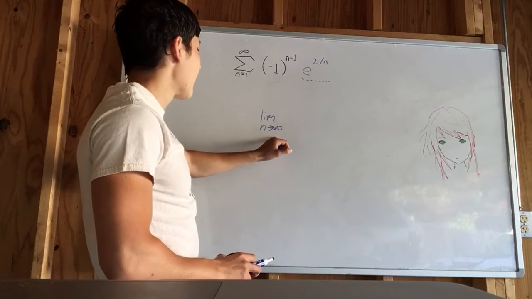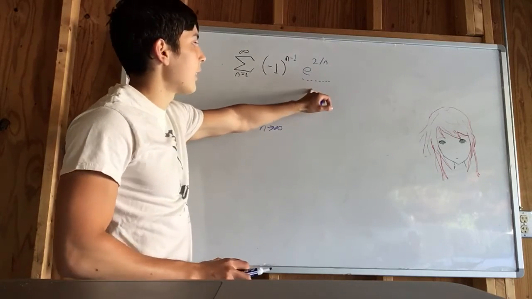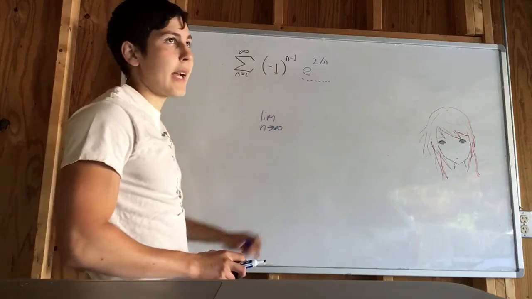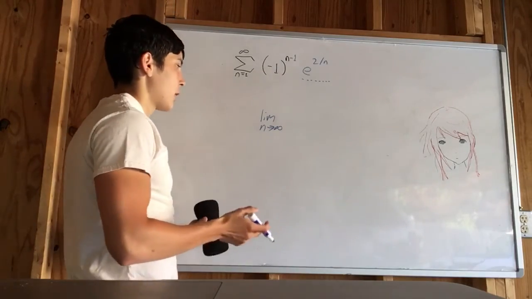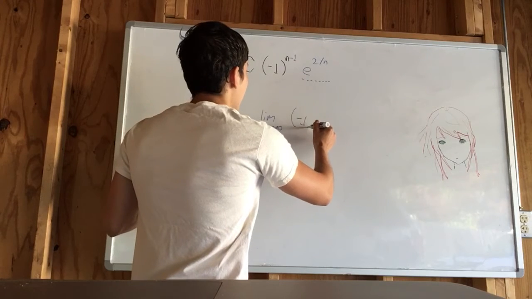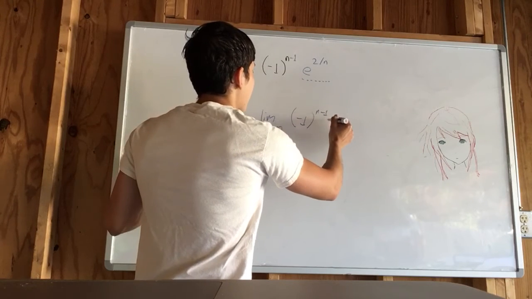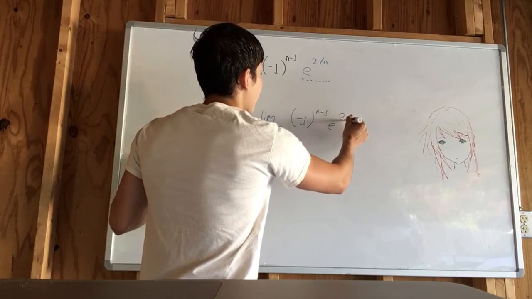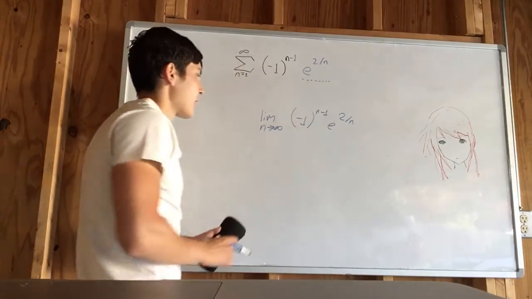No, with this one, you take the entire thing. So that's the divergence test. That's just what you learned before. And this one can tell you if it diverges. That's why it's called the divergence test.